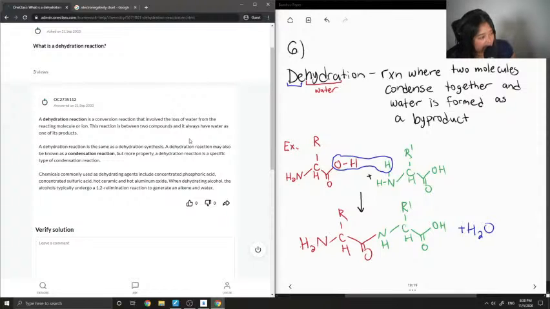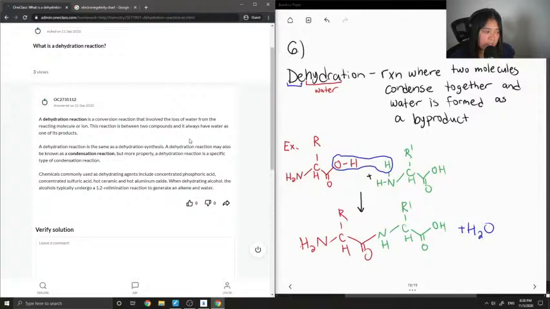A dehydration reaction may also be known as a condensation reaction. But more properly, a dehydration reaction is a specific type of condensation reaction. Chemicals commonly used as dehydrating agents include concentrated phosphoric acid, concentrated sulfuric acid, hot ceramic, and also hot aluminum oxide.